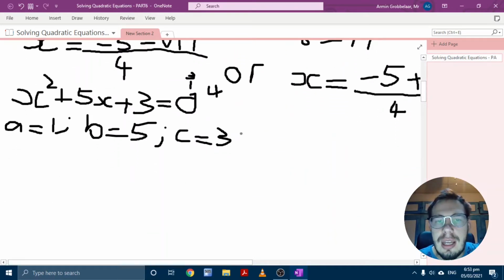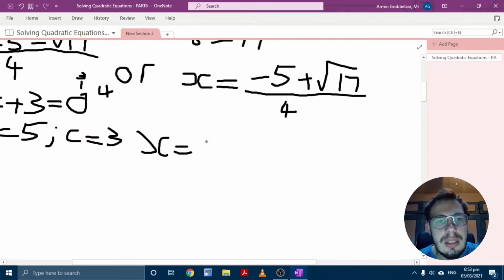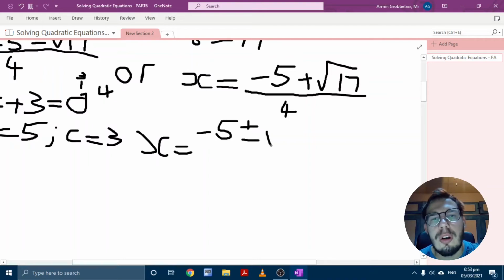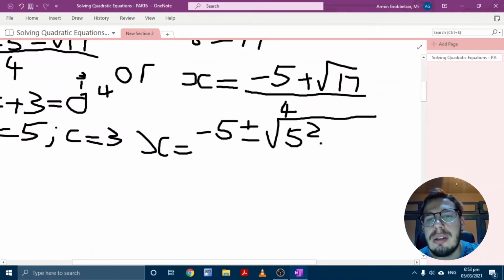So now I can say x is equal to minus b. So minus b in this case is minus 5, plus or minus the square root of b squared. Now b squared is 5 squared in this case, minus 4.